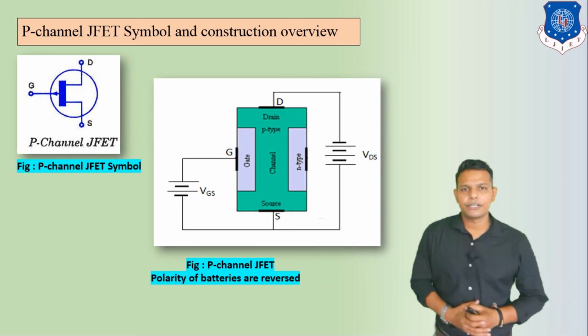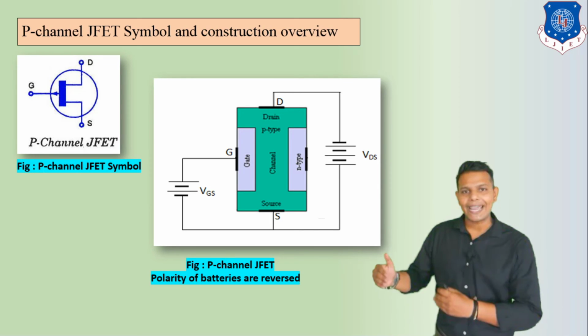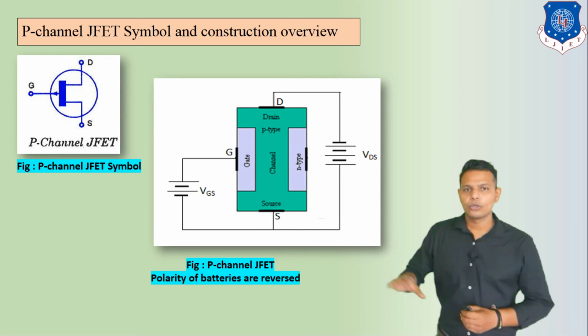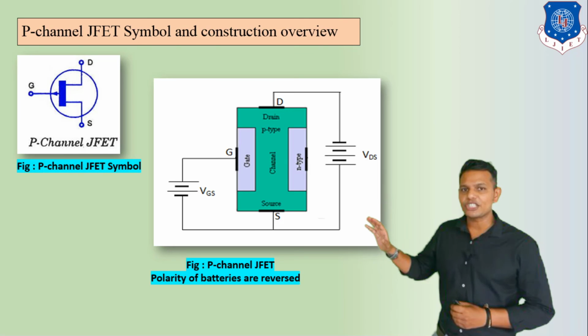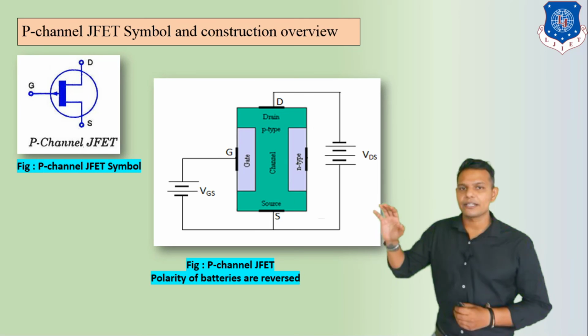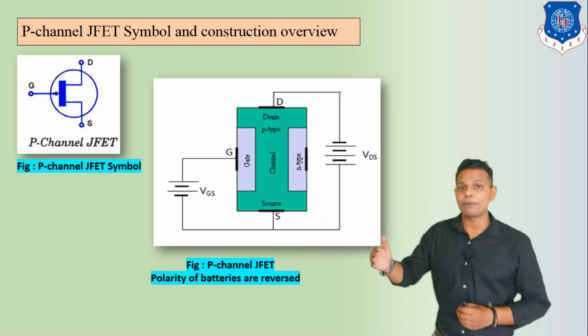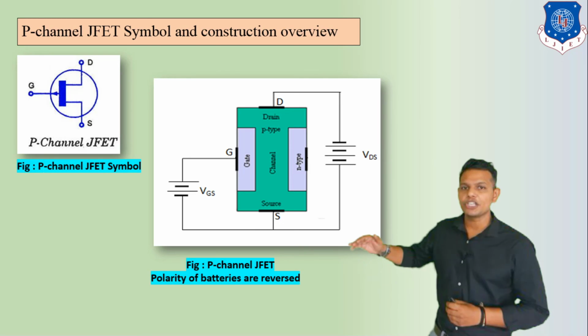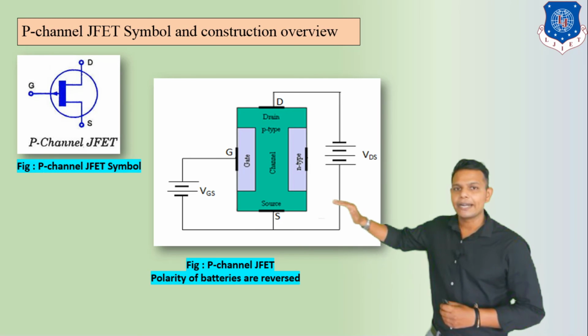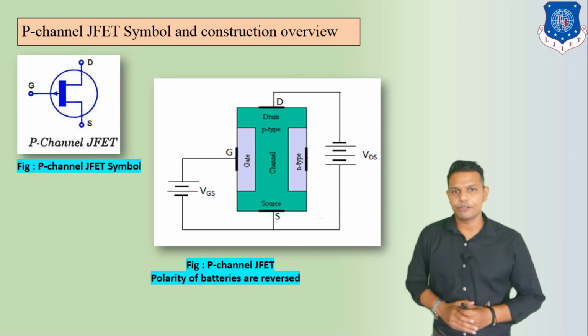Next, this is similar to the N-channel JFET. Here we can see the P-channel JFET symbol and its construction. As we discussed in the previous lecture, we only have to change the polarities and it becomes a P-channel JFET.